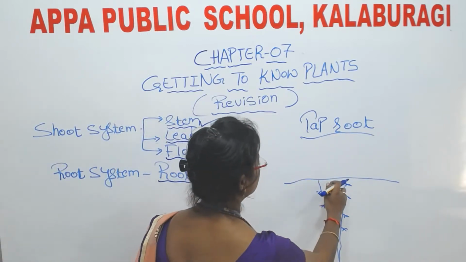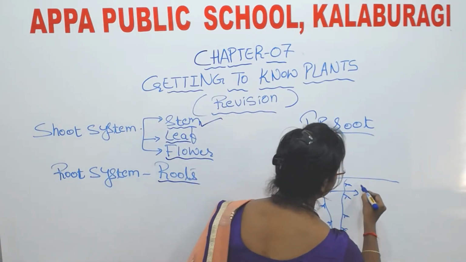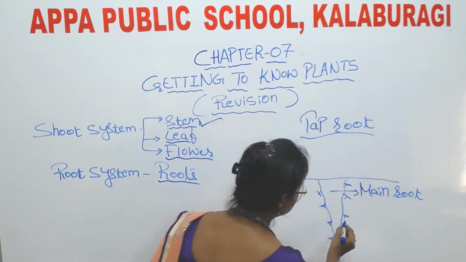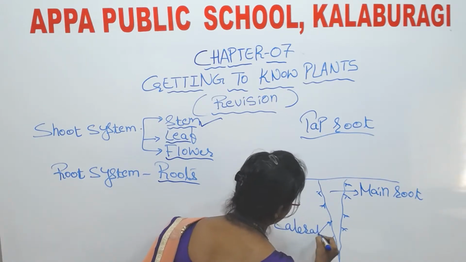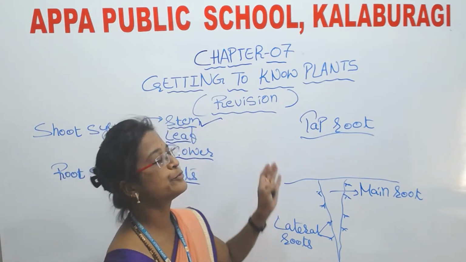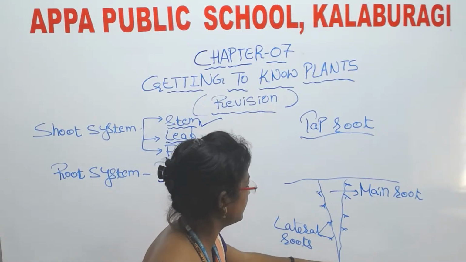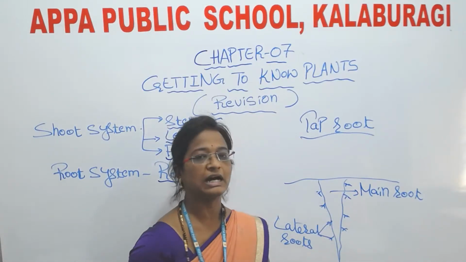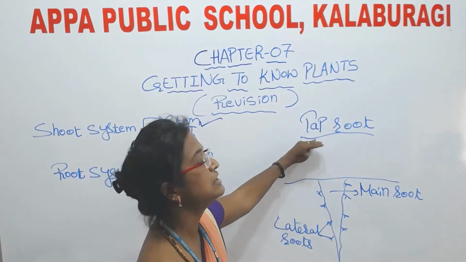As you can see here, there will be only one main root, and these are the small lateral roots. So here the taproot will be having one main root, and the small roots which are grown on the main root are called lateral roots. Okay, so this is all about taproot.